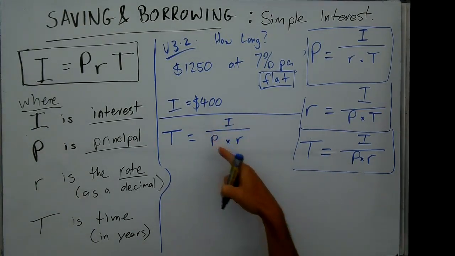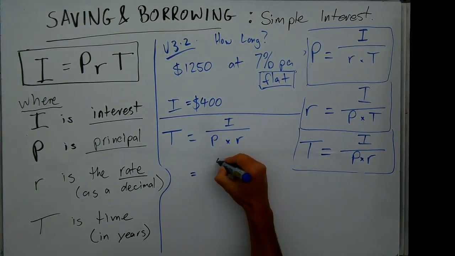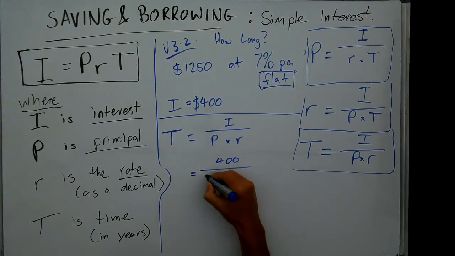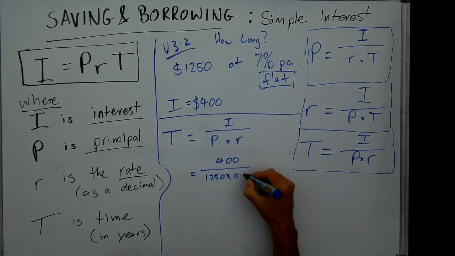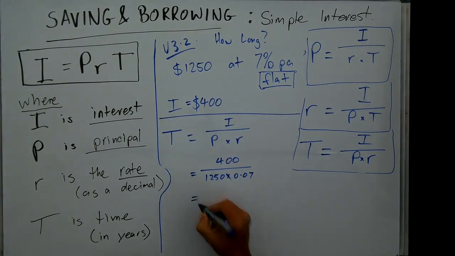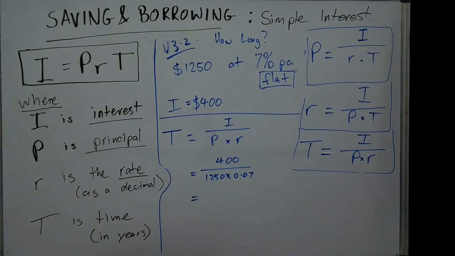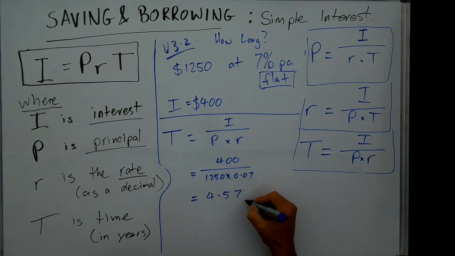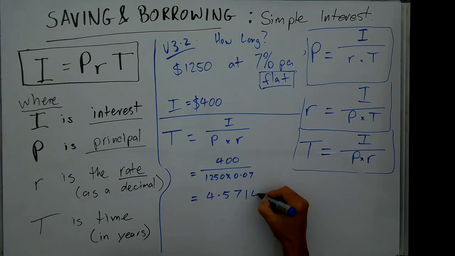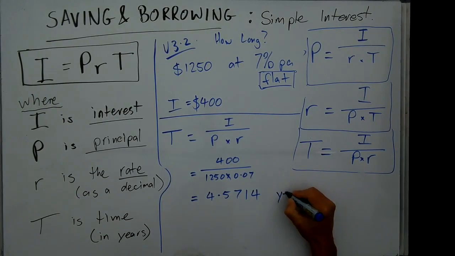So I know these three numbers: 400 divided by 1250 times 0.07. Let's just type this in. And we get 4.5714, and this is years.